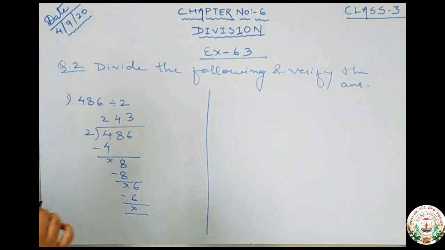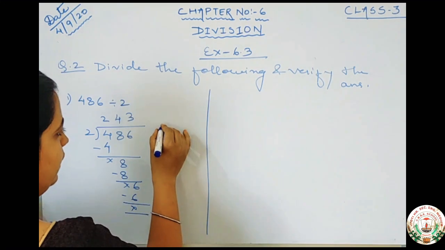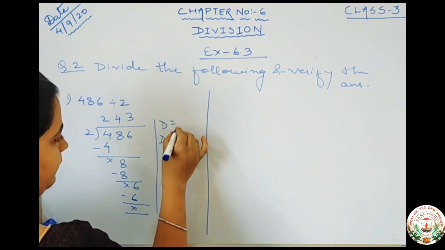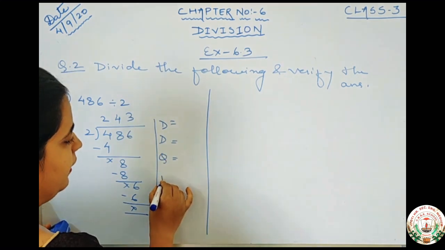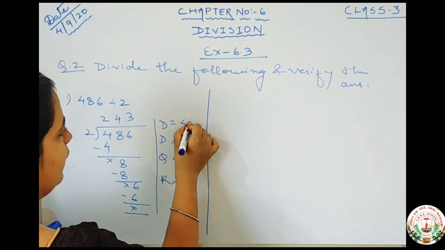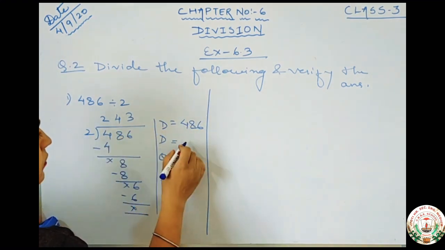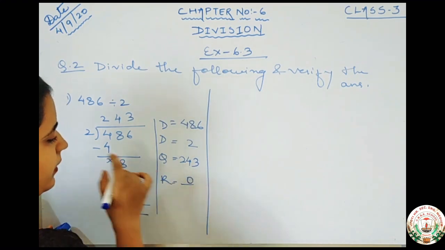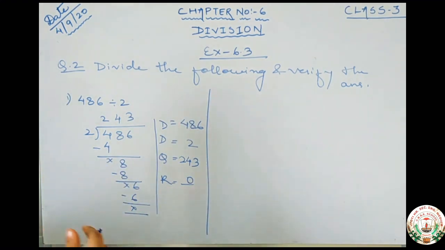So we will write here the terms. What is dividend? Divisor, quotient and remainder. What is dividend in this question? 486. Divisor is 2. Quotient is 243. Remainder is 0. Okay. Now verifying.